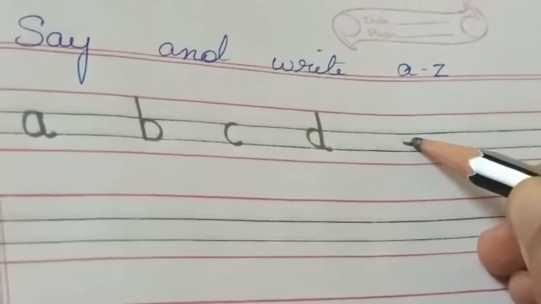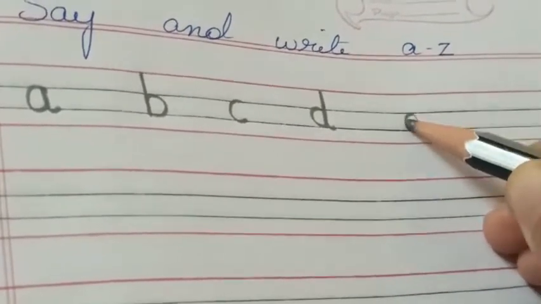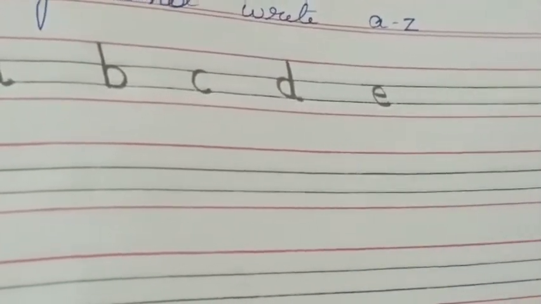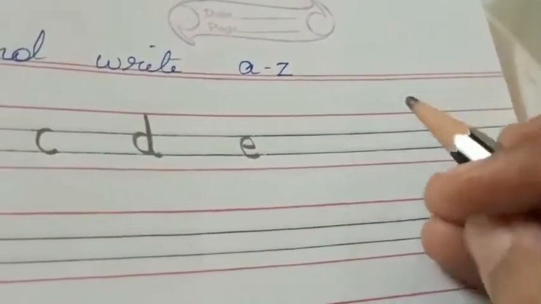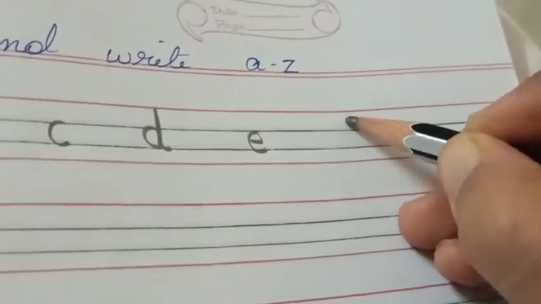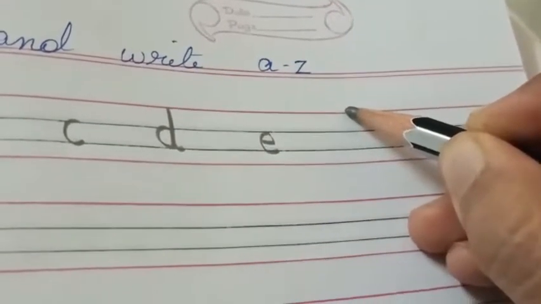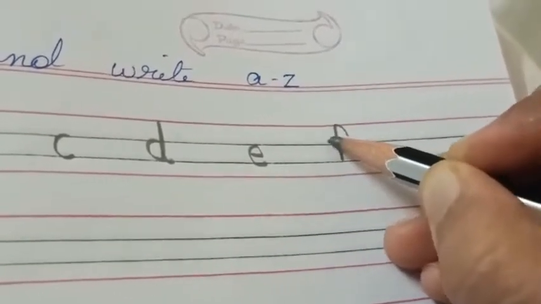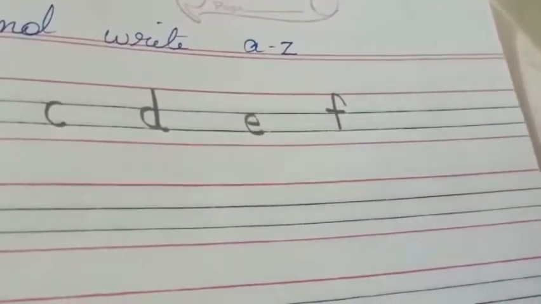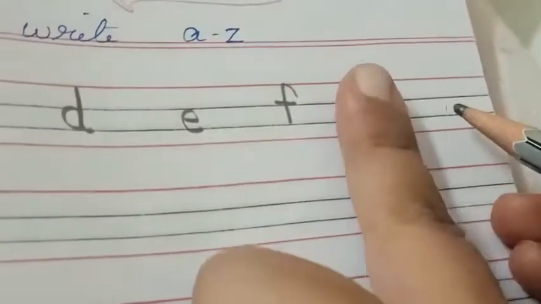In the center lines we are going to write sleeping line, left curve, E. After writing E, what are we going to do? One finger space. Then comes F. Hook, standing line, sleeping line. F, small f. Again a finger space.